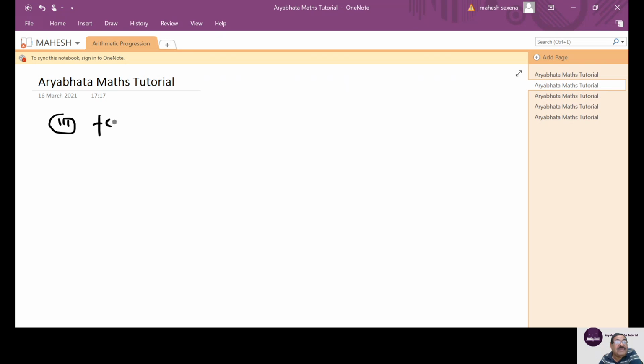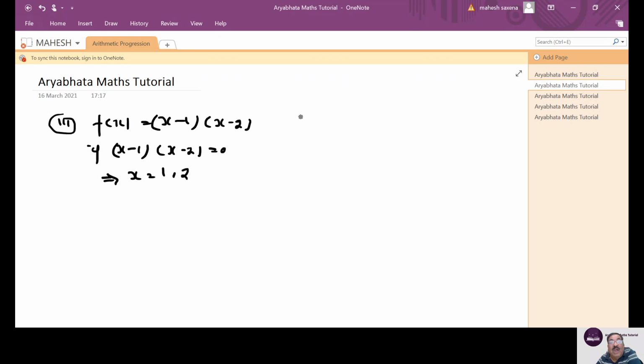Suppose f(x) is (x minus 1)(x minus 2). Then if (x minus 1)(x minus 2) is 0, it implies that x is equal to 1, 2. Now again on a line we mark these points.